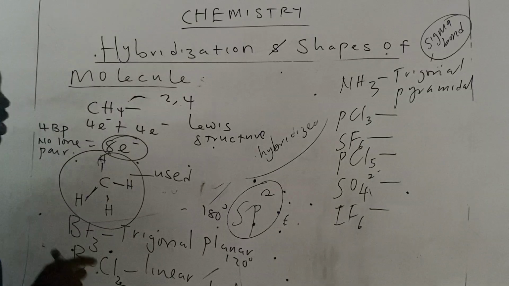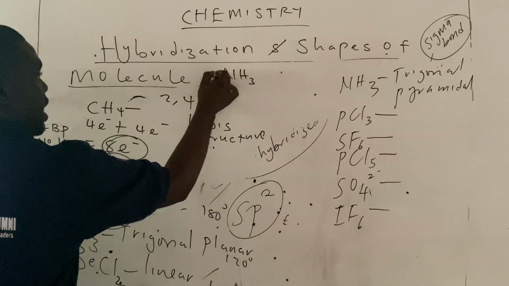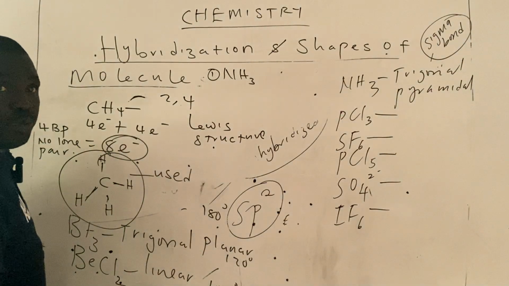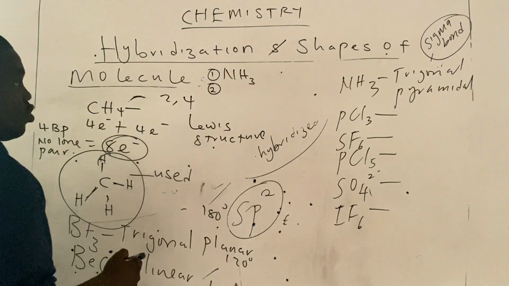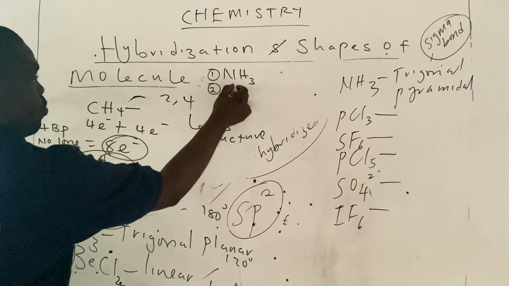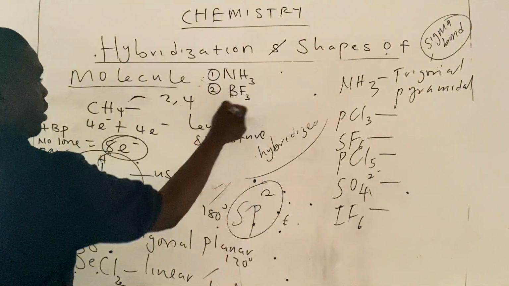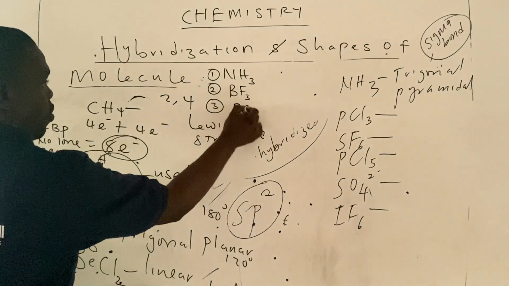So in your own assignment, you will do ammonia for me. Find the number of lone pair and the number of bond pair, write it down. Number 2, you will do boron trifluoride for me. 3, make sure you do them before you appear in class tomorrow.